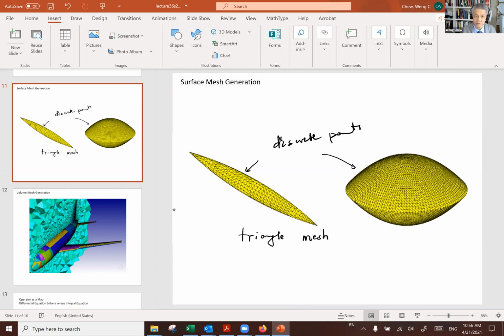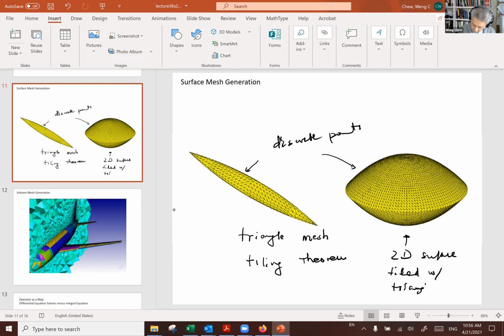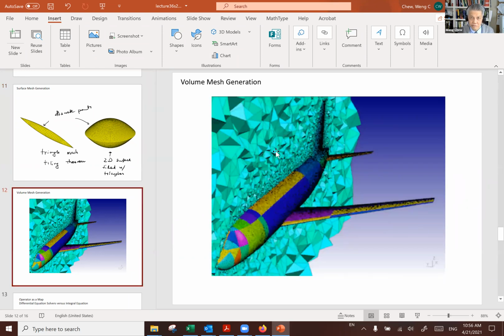And you can show, in the tiling theorem, that any 2D surfaces can be tiled with triangles. And you can also show that once you have a 3D volume, the basic element, which is called the simplex, is a tetrahedron.